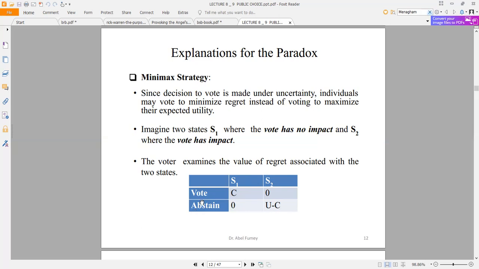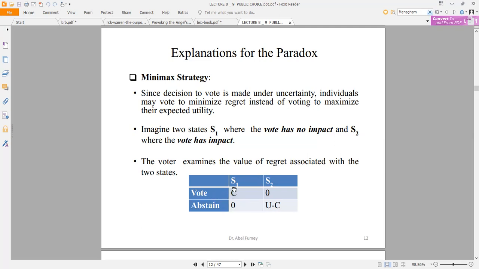So if you actually vote, you are going to have a regret of voting, because you have wasted your time thinking about alternatives, you've wasted your time joining queues, and all the other costs of voting you have incurred. You voted and your vote made no impact. So you are going to have a regret equal to the cost of voting, which is C.